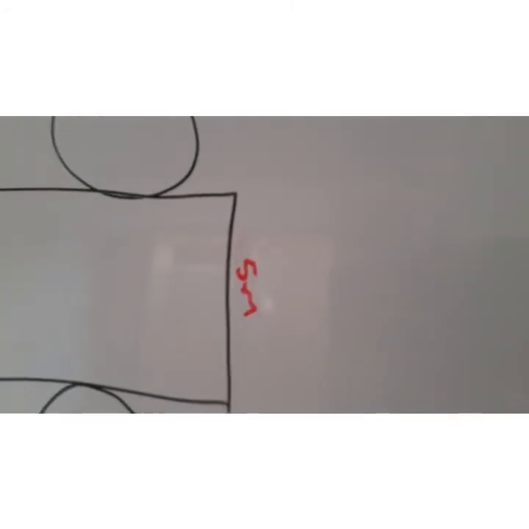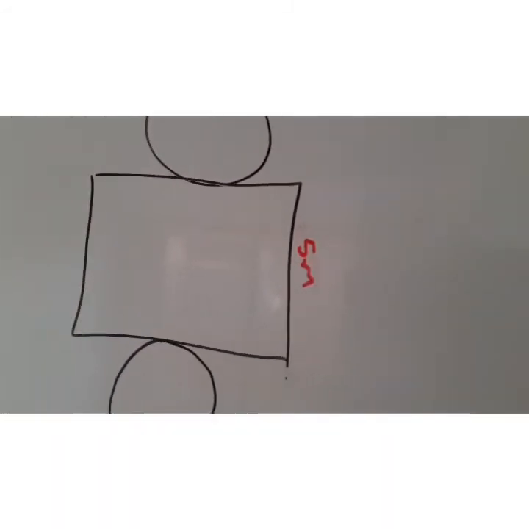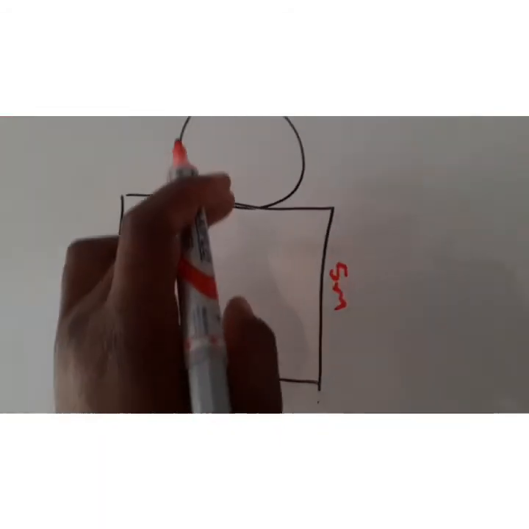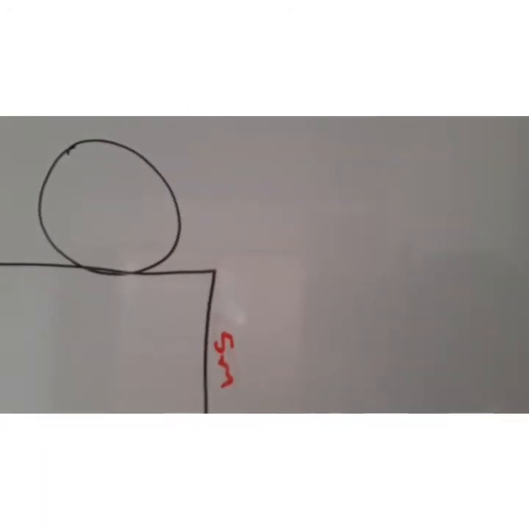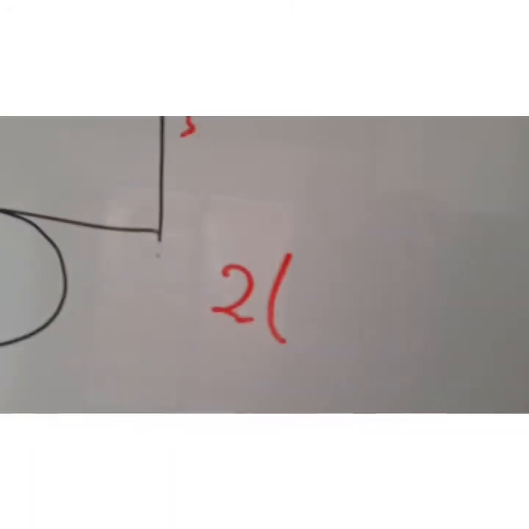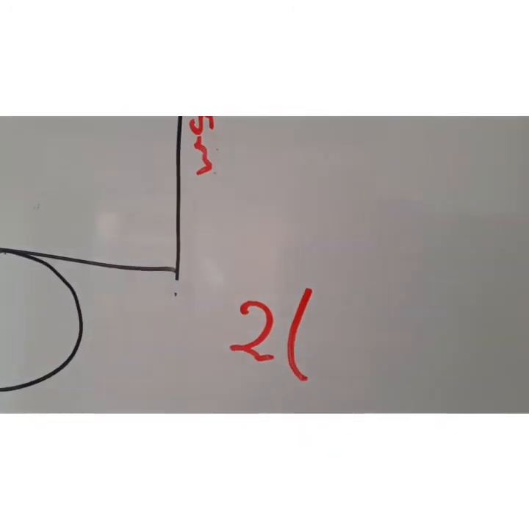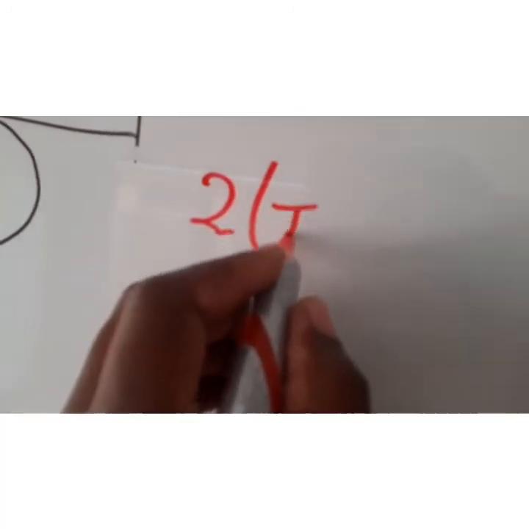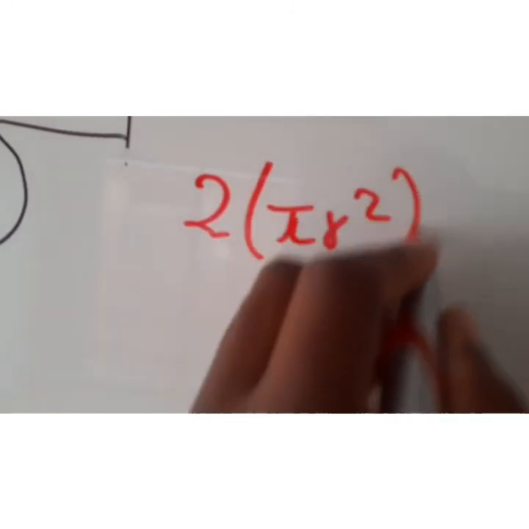Without complications, if somehow they do not give you a formula in your examination question paper, you realize that you have 2 circles. So this would be 2 circles into the area for the circle, that would be pi r squared.